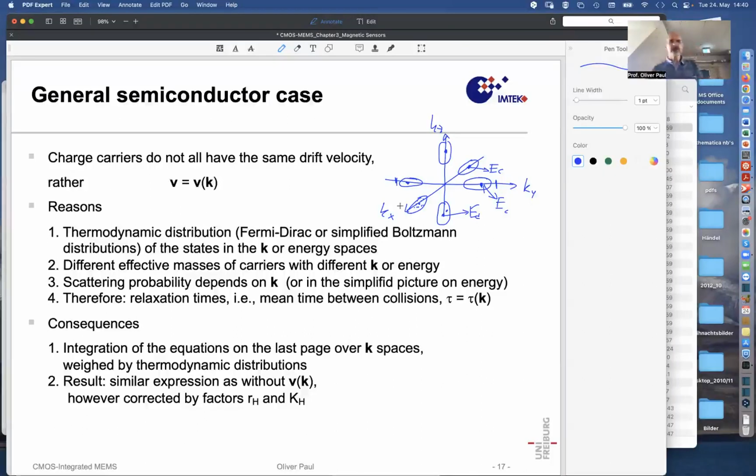So there is a relaxation time, tau, that one associates with each state, tau of k, that says how long, on average, a carrier with k specifying its wave function can travel without collision. And so one reason was this impurity scattering.